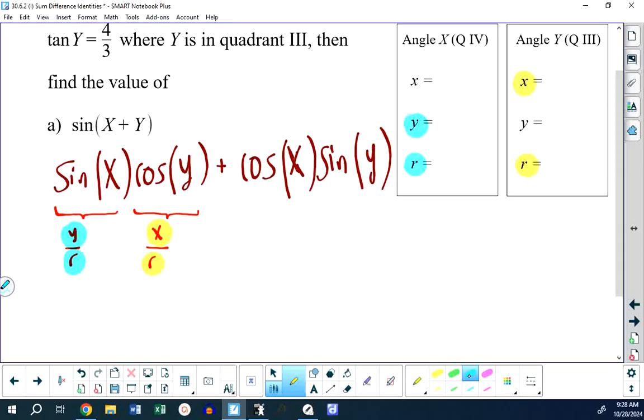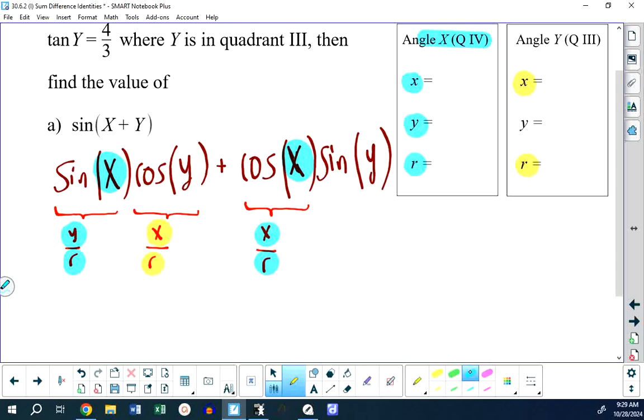Over here, this piece, since it's cosine, it will be an x over r. Since it's angle x, these are going to be blue. So I'm associating everything here with blue in what I've done. Angle x, anything associated with angle x is blue.